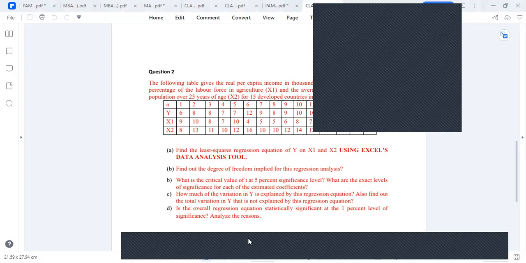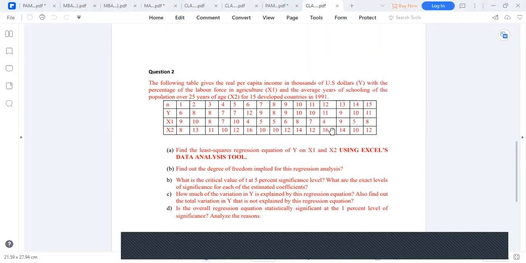There are times when we are looking at if our B or our R is equal to 0, it means there is no relationship at all.